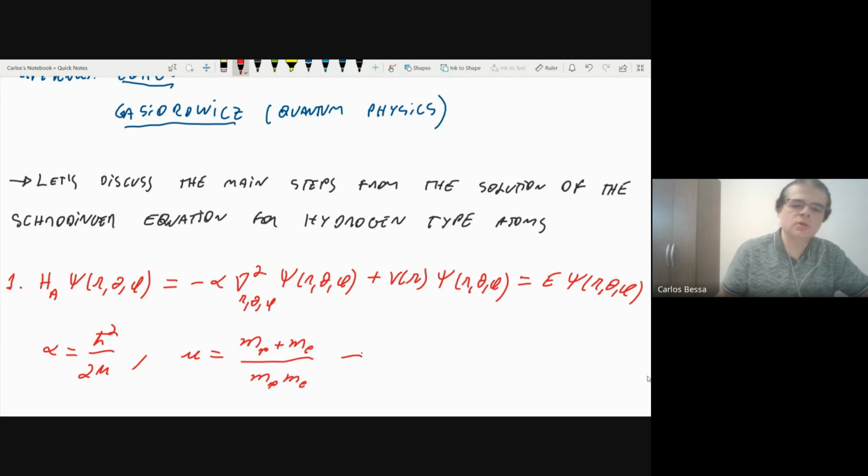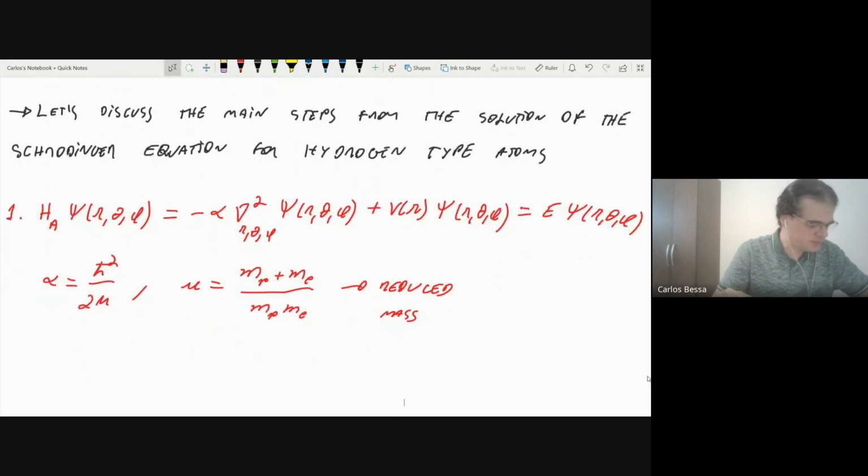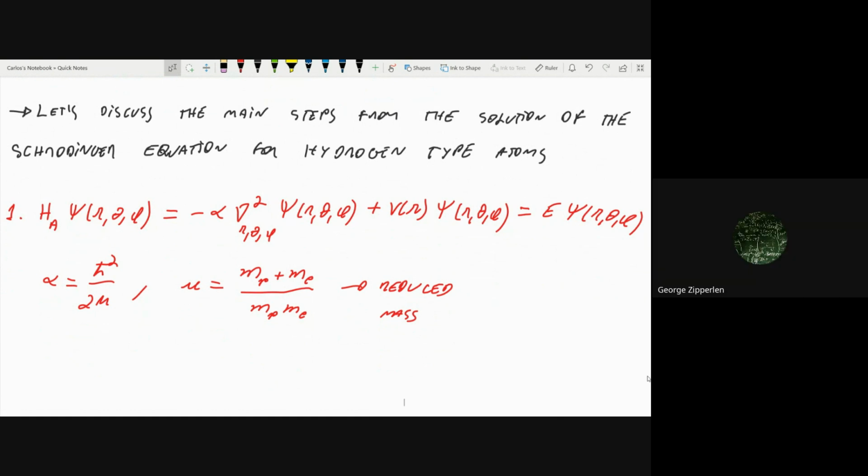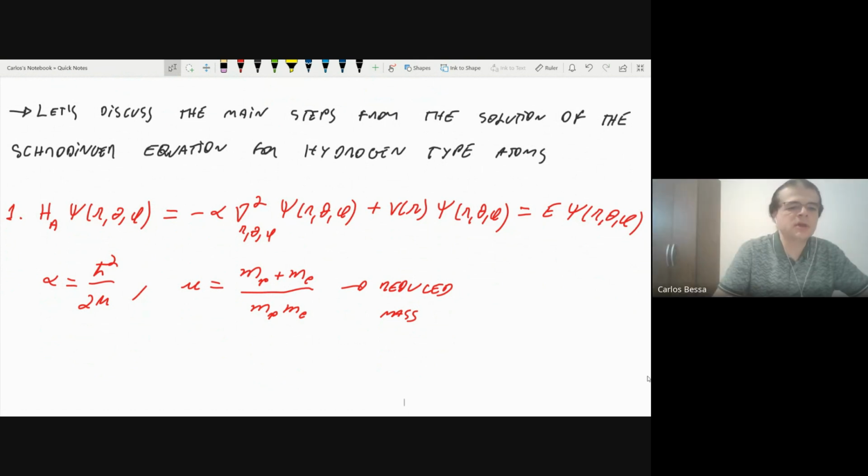Okay? It's called reduced mass. In general, because the mass of the proton is much bigger than the mass of the electron, in general this is the mass of the electron. It's an approximation, but let's do this. Is that related to the fine structure constant? In some sense, yeah.